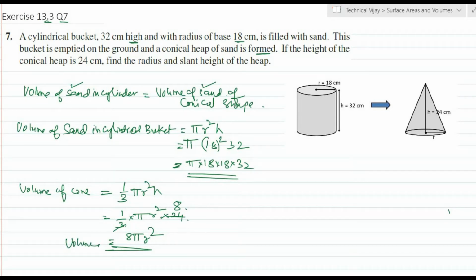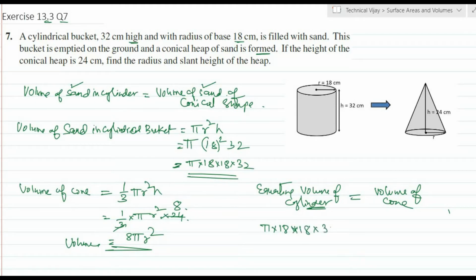Now we will equate these. Equating the volume of cylinder to the volume of cone: the volume of cylinder is pi into 18 into 18 into 32, and this is equal to 8 pi r square.